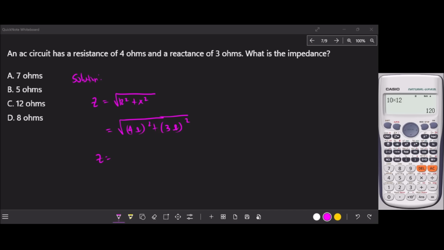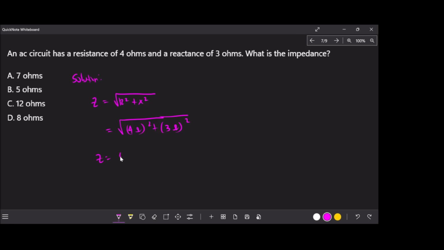Using our calculator, the square root of 4 squared plus 3 squared is equal to 5. So our Z is equal to 5 ohms, which is letter B.